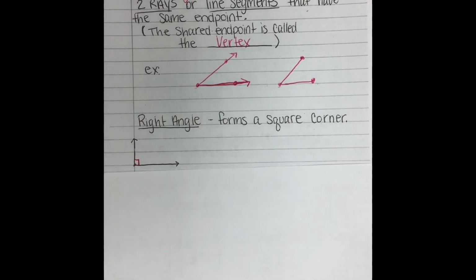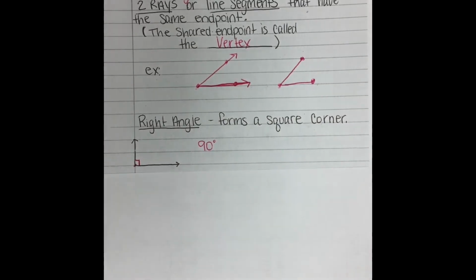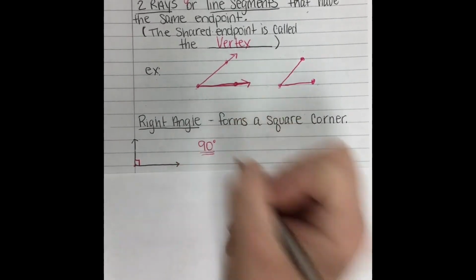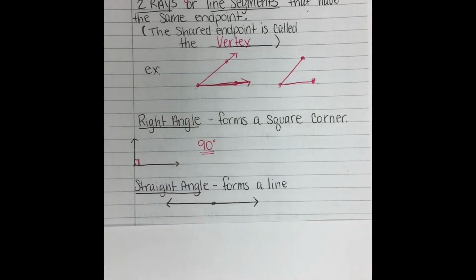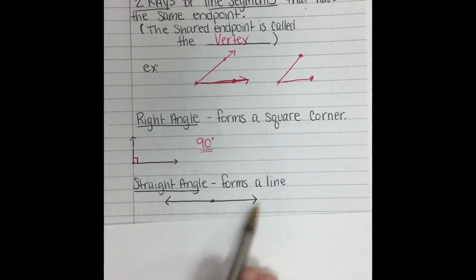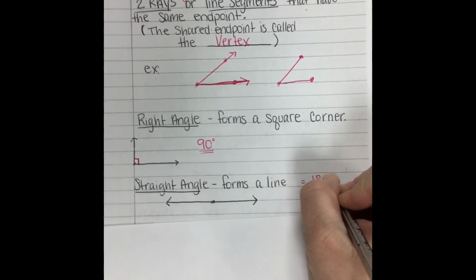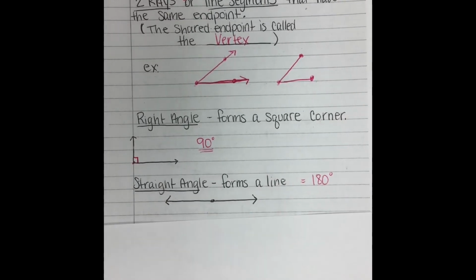But not always, so you just have to be mindful of it. But a right angle is 90 degrees exactly. That's all a right angle will ever be, 90 degrees. Okay, a straight angle forms a line. So there is an example of a straight angle. Okay, a straight angle is 180 degrees. Exactly.